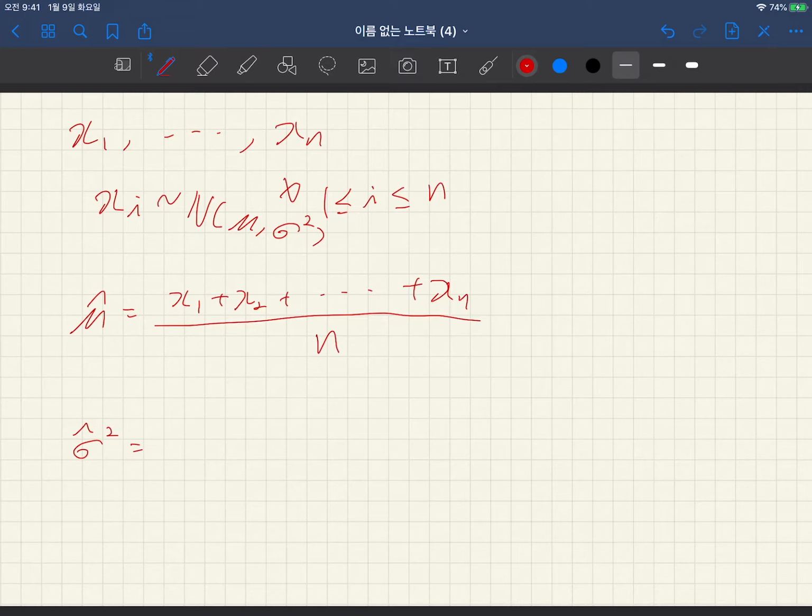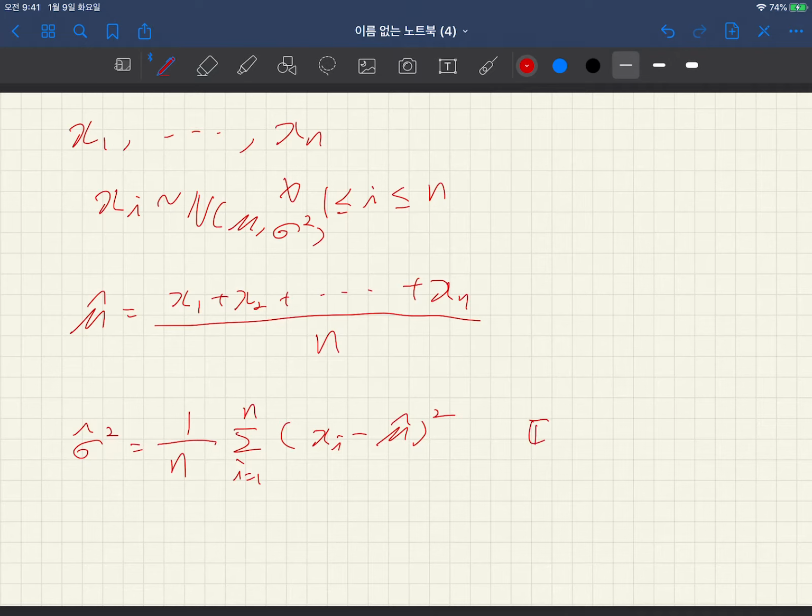We basically sum up from i equals 1 to n, and from the definition, we can take xi minus mu hat, squared. And we should normalize this summation because we have to estimate sigma square. So we have to divide this summation by n, right? Because we have n observations.